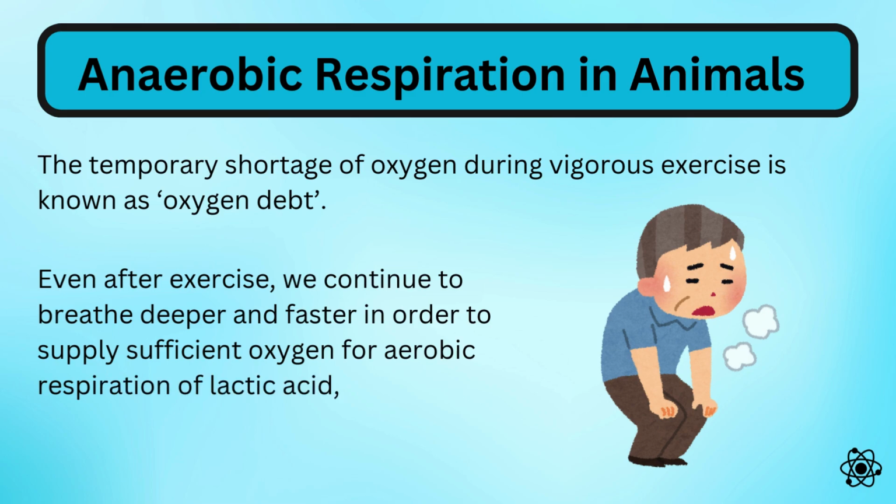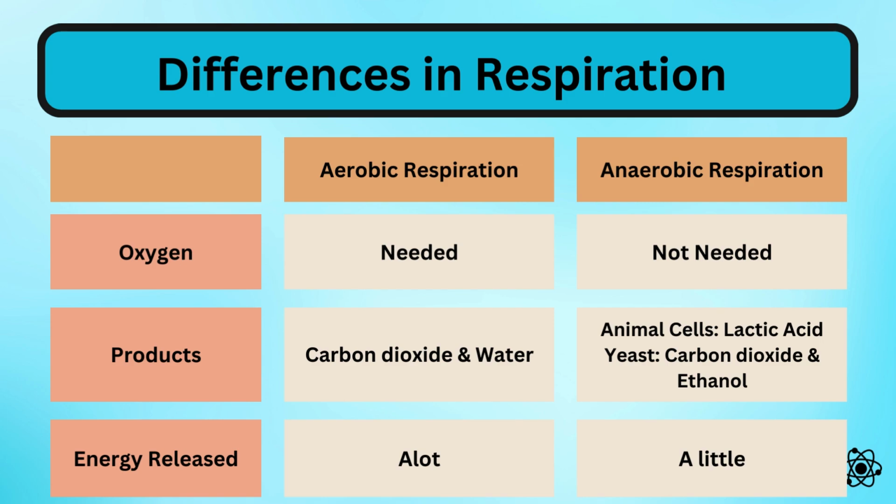An easy way to remember this is during exercise you borrowed extra energy without paying for it with oxygen. Your breathing rate and heart rate return to normal after you finish breaking down all the lactic acid.